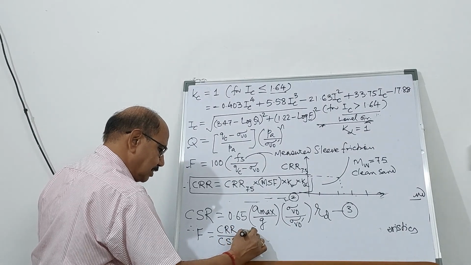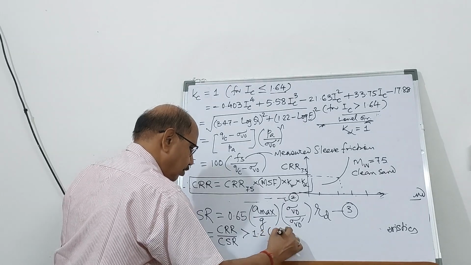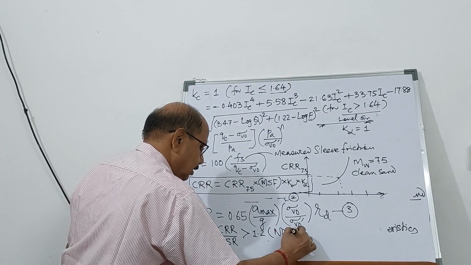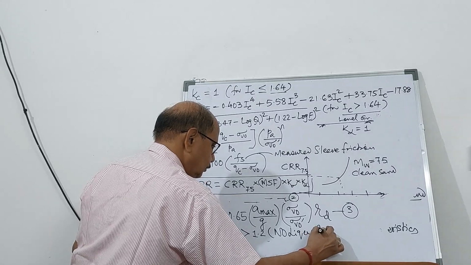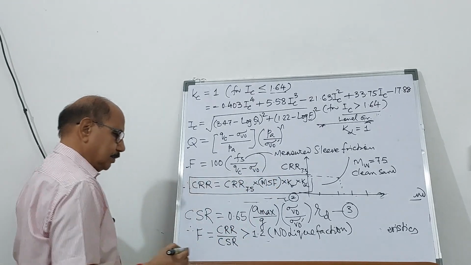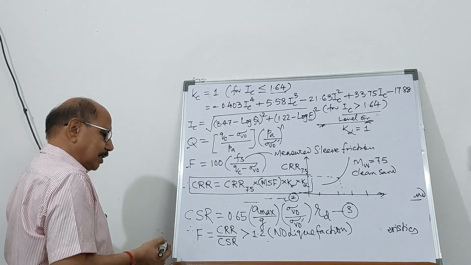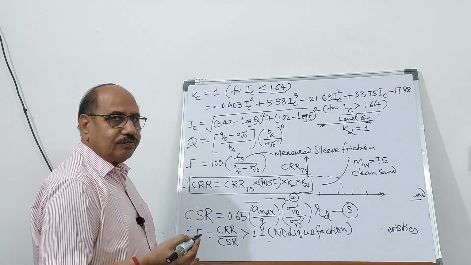And if it is greater than 1.2, there will not be any liquefaction. That means the ground will not liquefy. But if it is less than that, then the ground is susceptible to liquefaction.